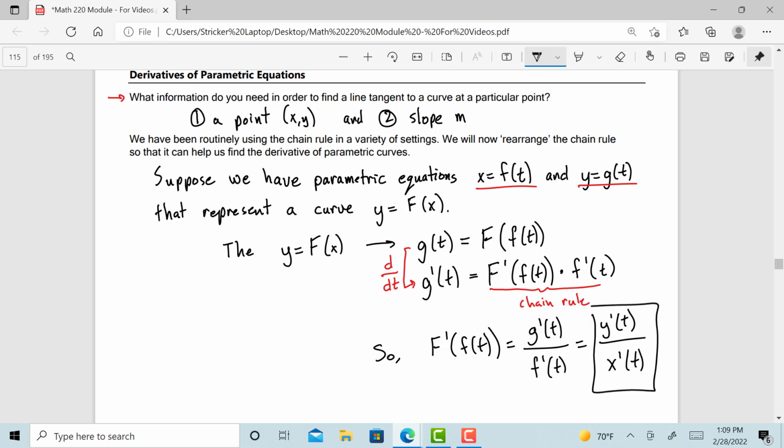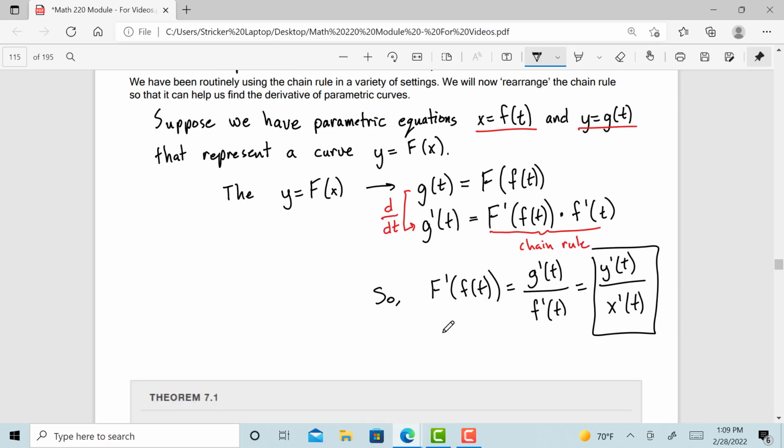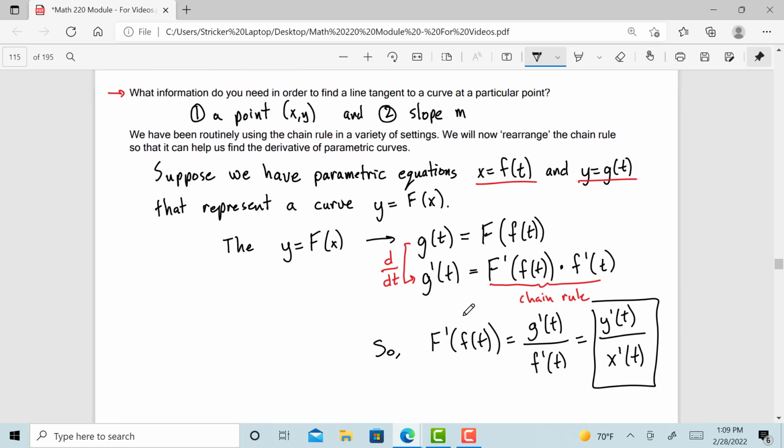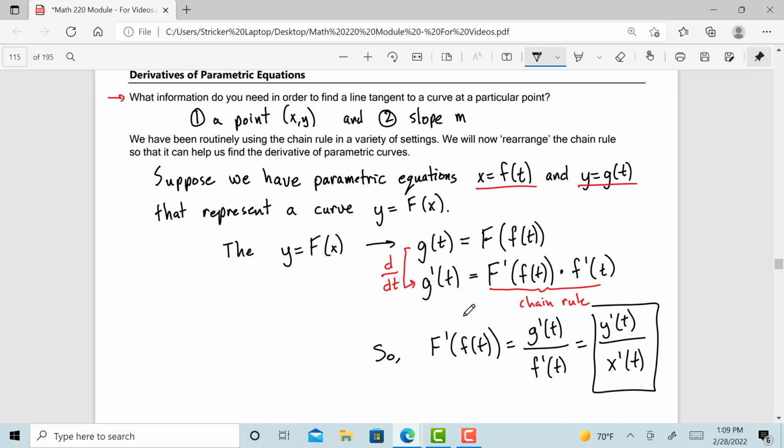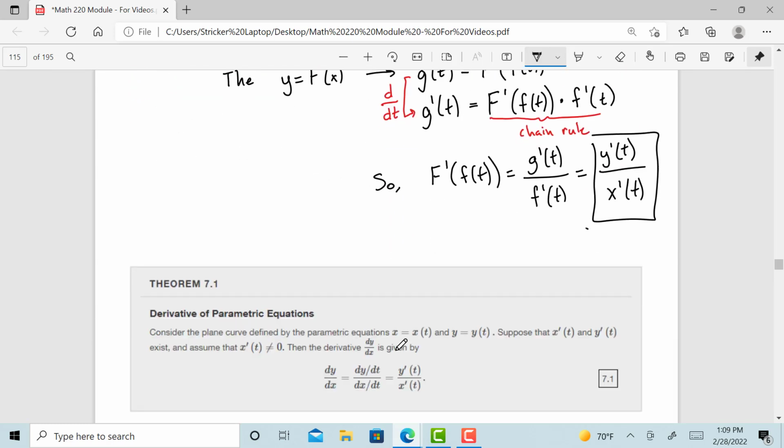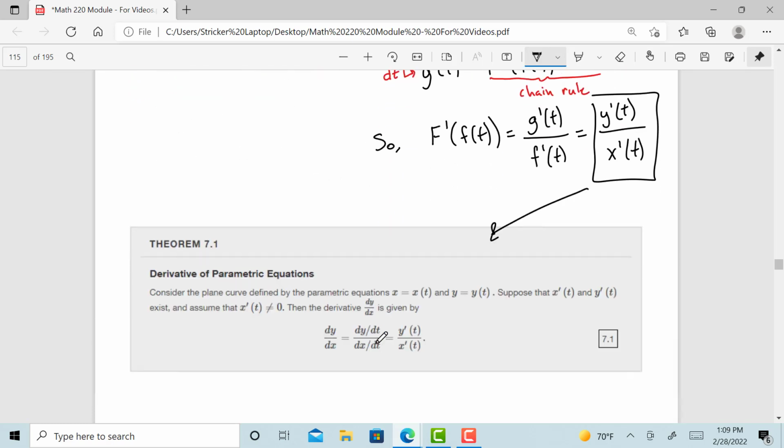And that's how we find the derivative when we have parametrically described curves, and ultimately that's also going to tell us the slope, because the derivative tells us the slope. So that's what we see here in Theorem 7.1.